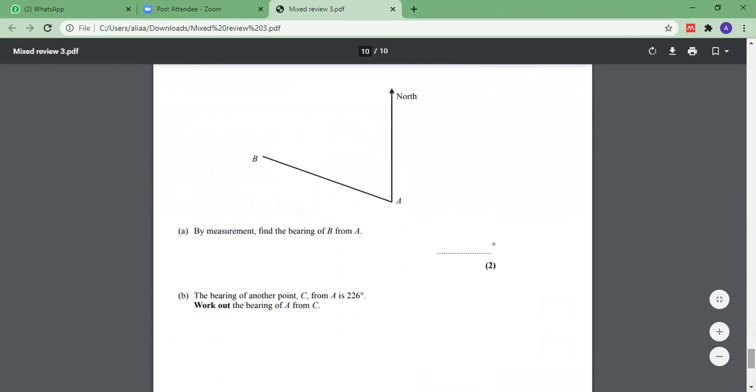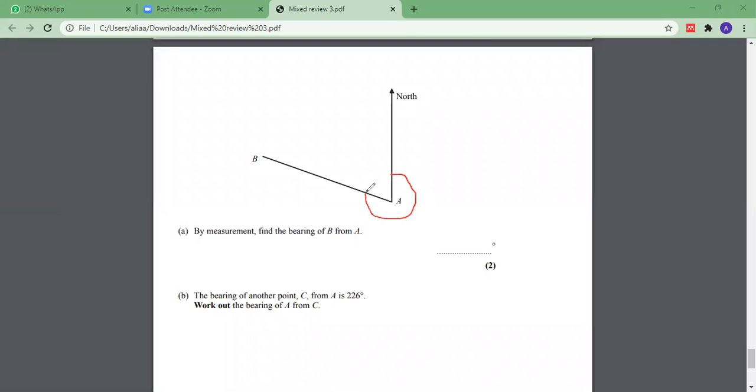If by measuring the bearing of B from A, okay, he wants this angle. First of all, I will measure this angle, which should be around 40 or 50 degrees, and then I will subtract it from 360, so it will be 360 minus x.